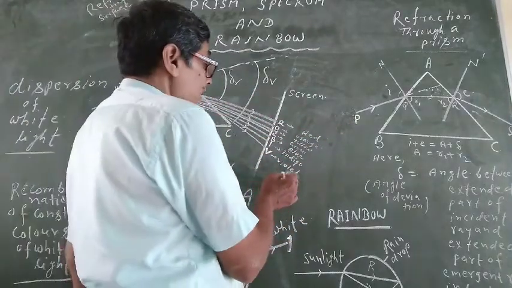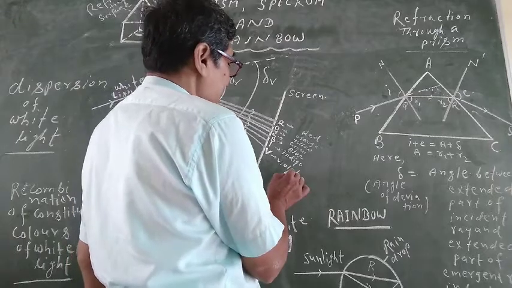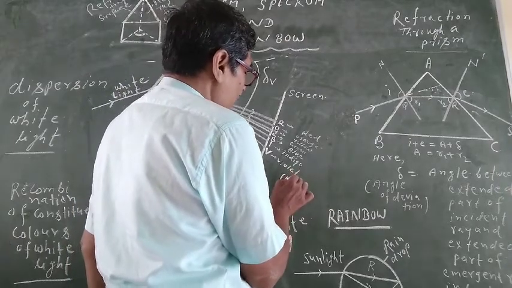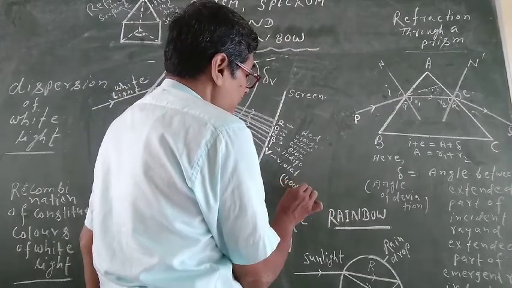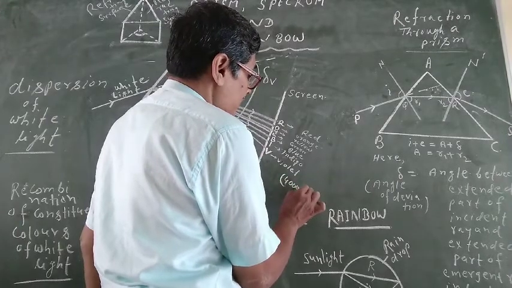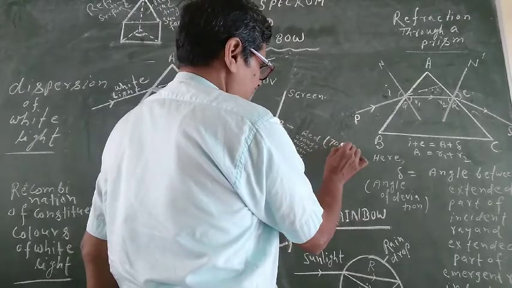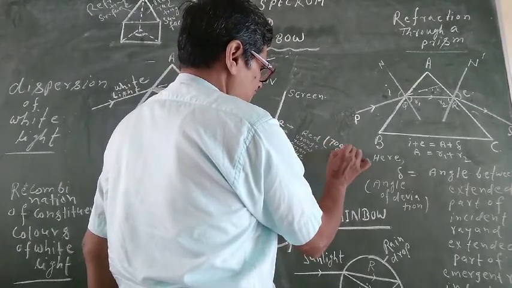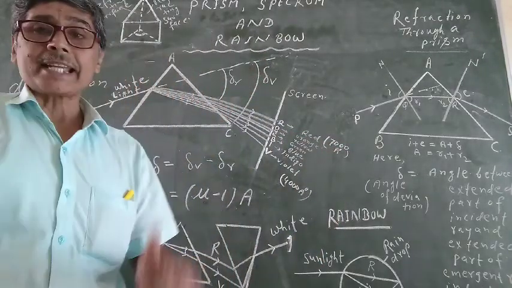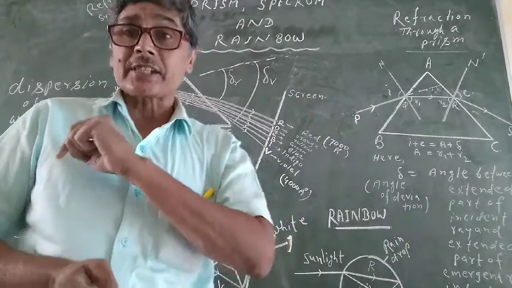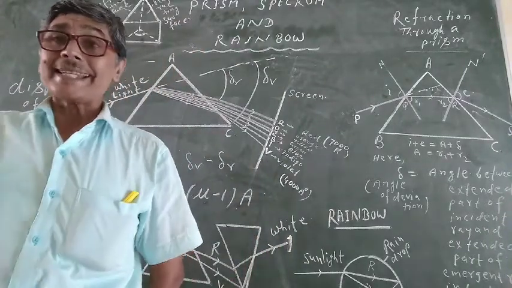The wavelength of violet color is approximately 4000 angstrom, and of red color it is near about 7000 angstrom. Angstrom is a unit of length, and 1 angstrom is equal to 10 to the power minus 10 meter.